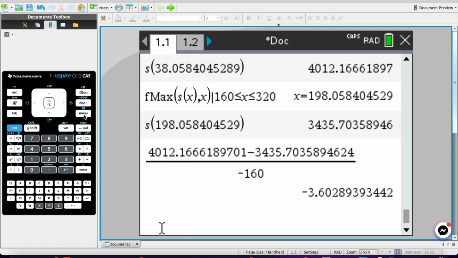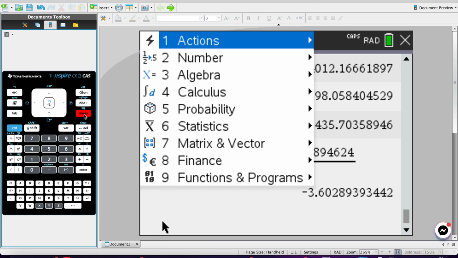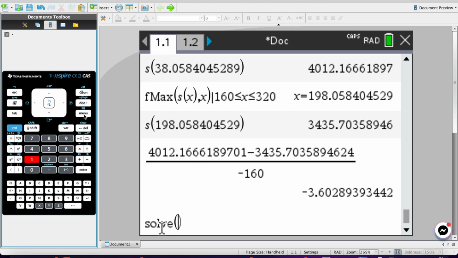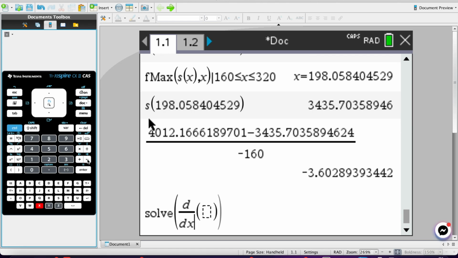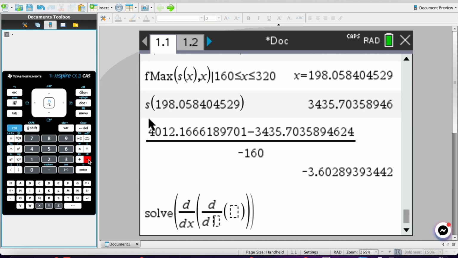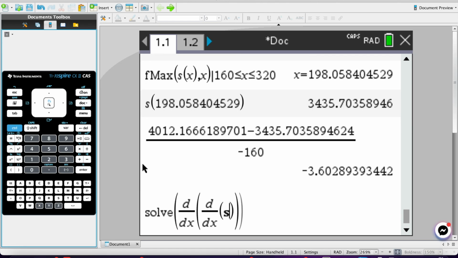Menu 3, 1, and we have the derivative of the derivative, so the double derivative of s of x equals 0, comma x, and say x is greater than 40.